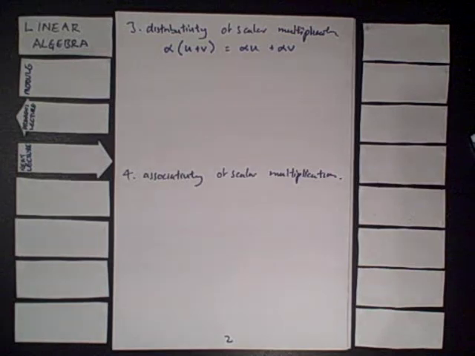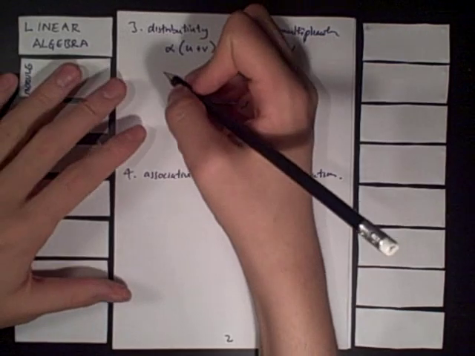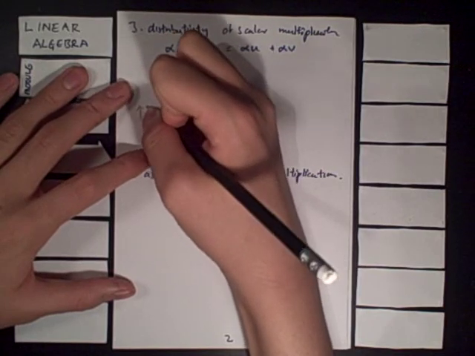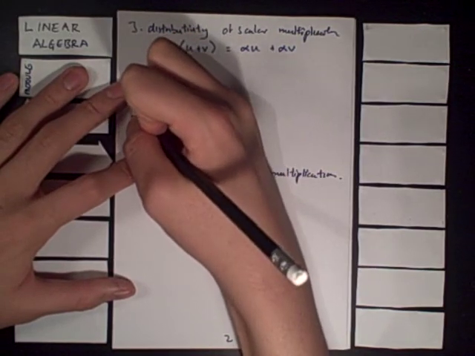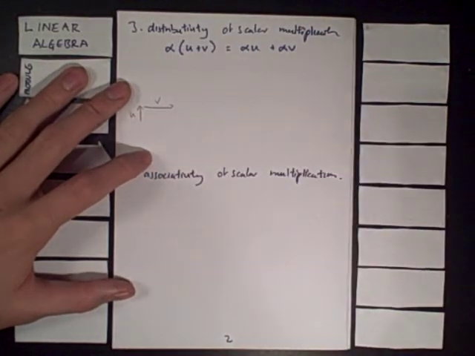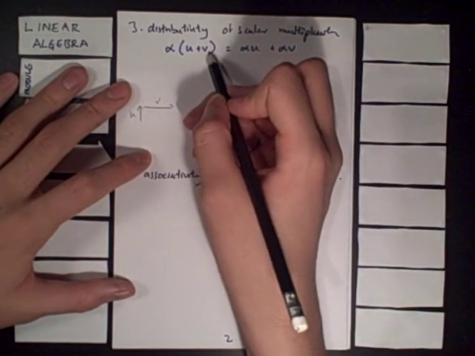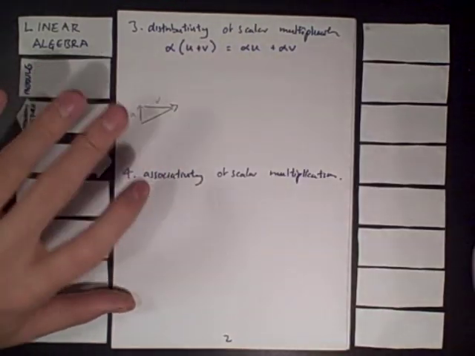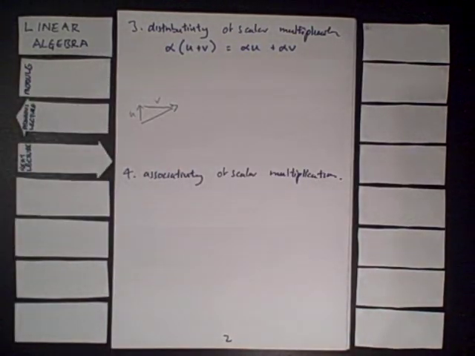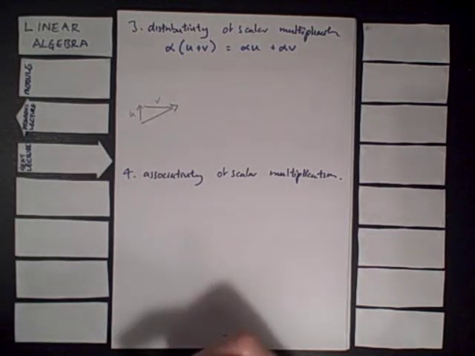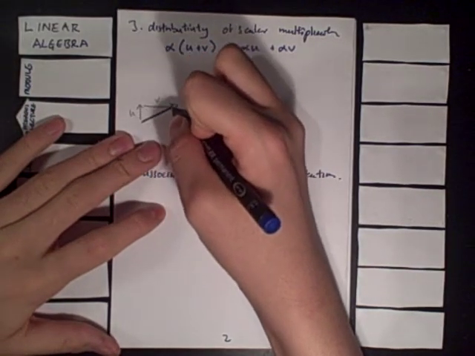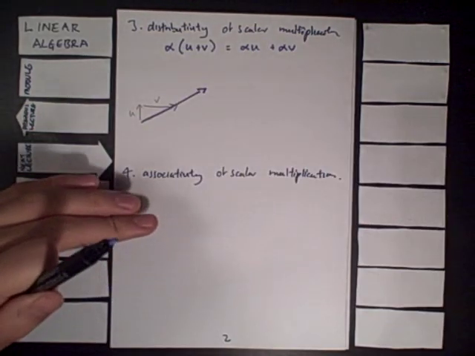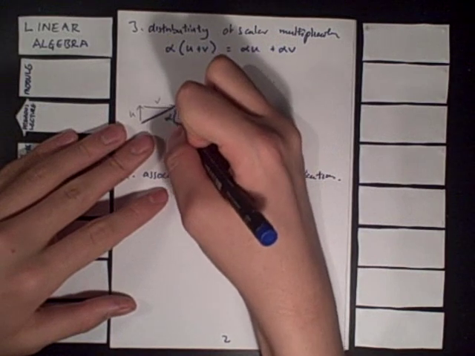What's the intuition diagrammatically? Well, let's take, say, a vector u and a vector v. u plus v is this. We're now going to scalar multiply our vector by alpha. The result, alpha times (u plus v).